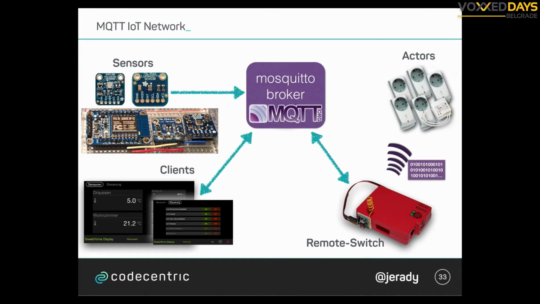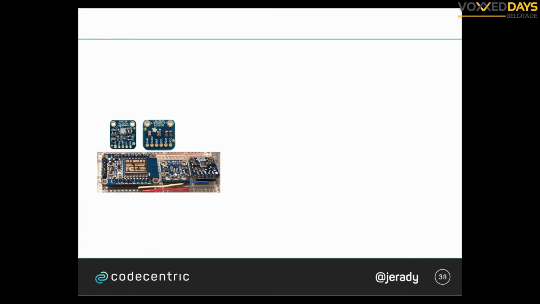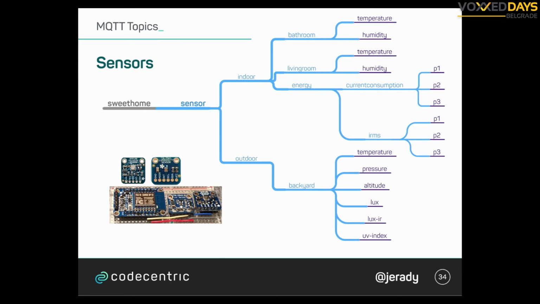So this remote switch is also an MQTT client, which receives MQTT messages telling it which device should be switched on and switched off. It's a kind of message dispatcher to control all these actors. And I also have a bunch of sensors. And this is the MQTT topic structure.